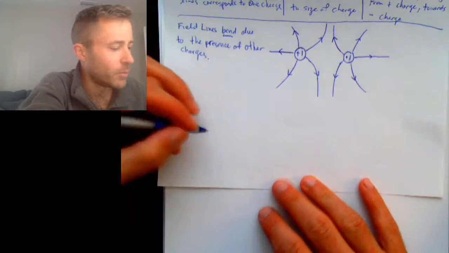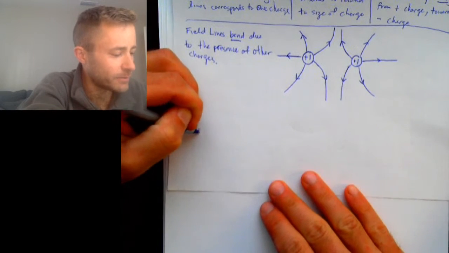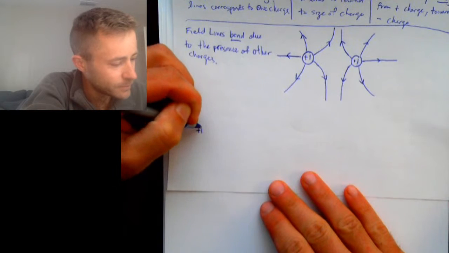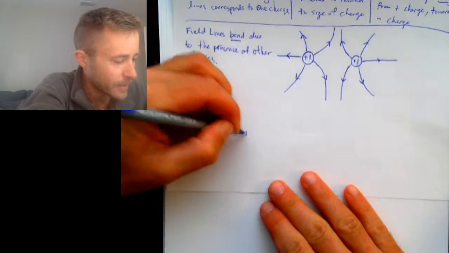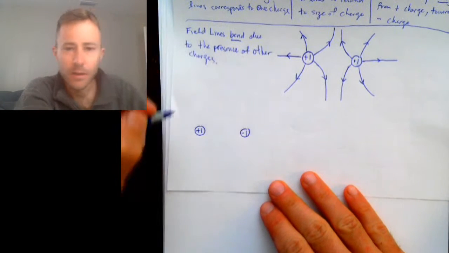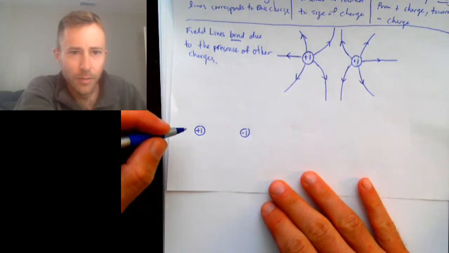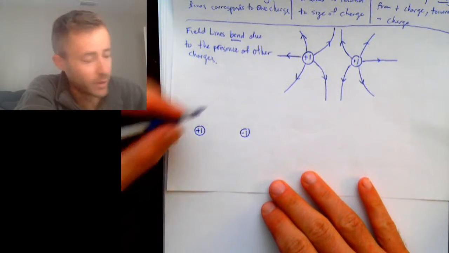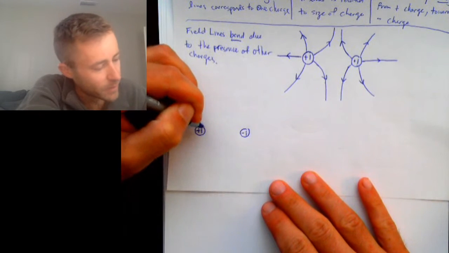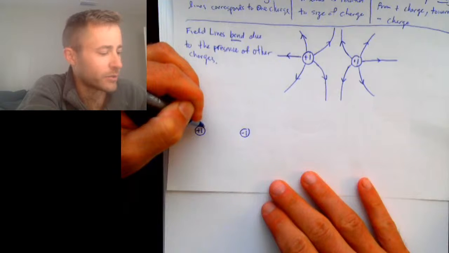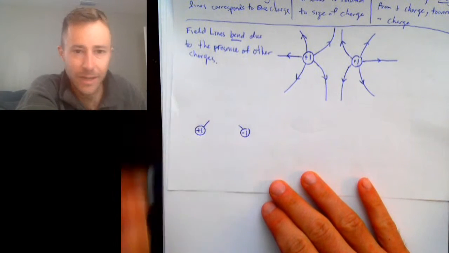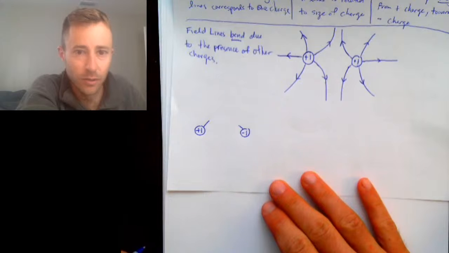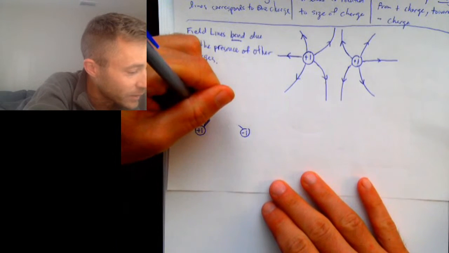Now, what if you had a positive next to a negative? What's going to happen in this case is that this one has a field line that's going out, and this one has a field line that's going in. So the field lines end up just connecting.